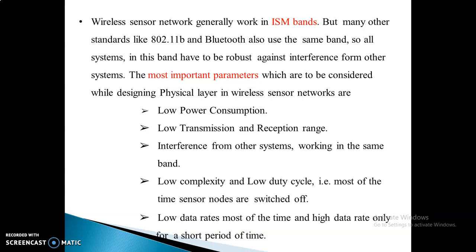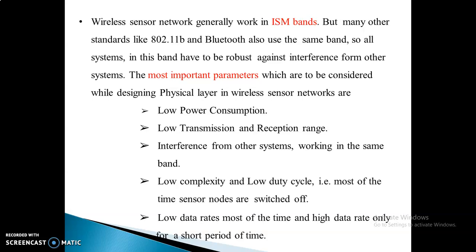Using these ISM bands, many other standards like 802.11b and Bluetooth also use the same band. So in this band, there is less interference.